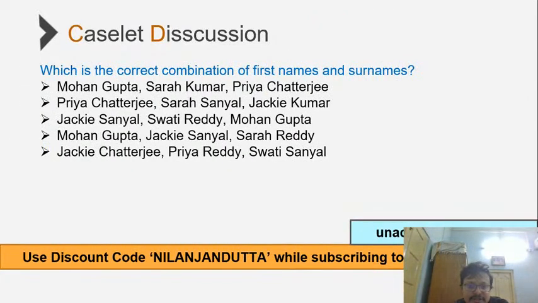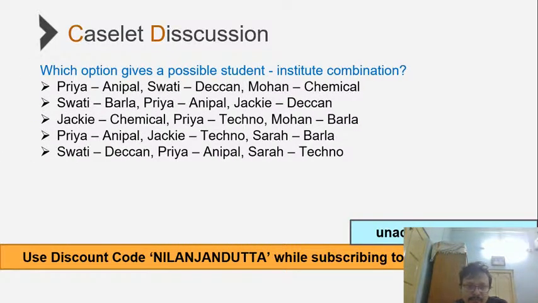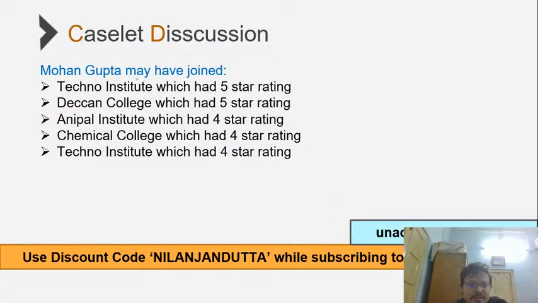The questions in the set are as follows: which is the correct combination of first names and surnames? The next one is which option gives the possible student institute combination? The third one is saying Mohan Gupta may have joined which of these colleges?